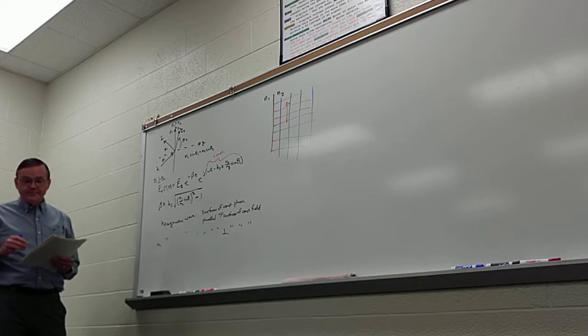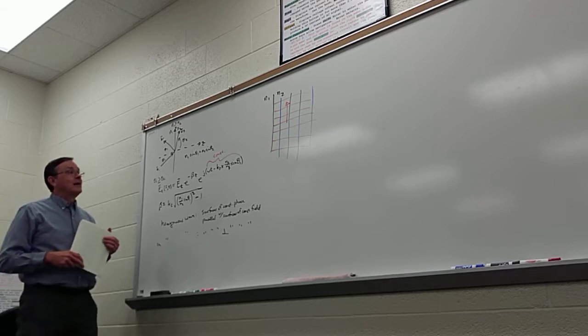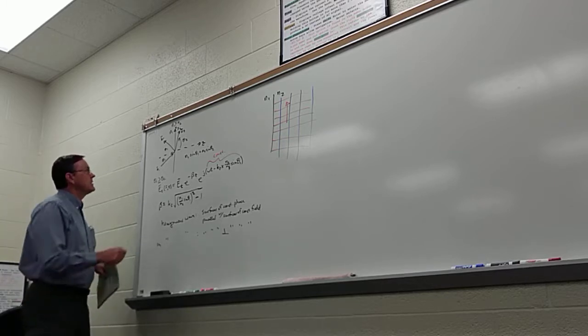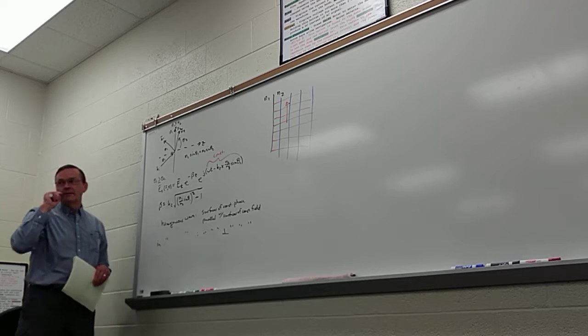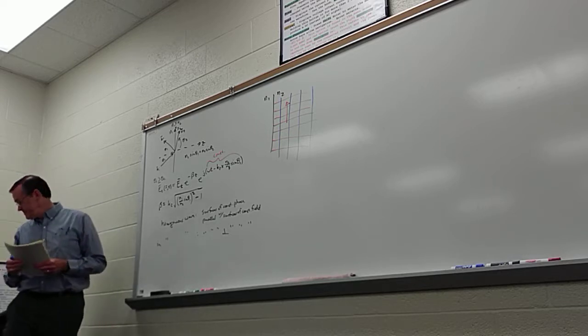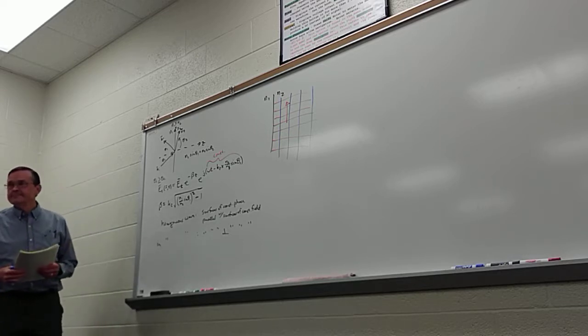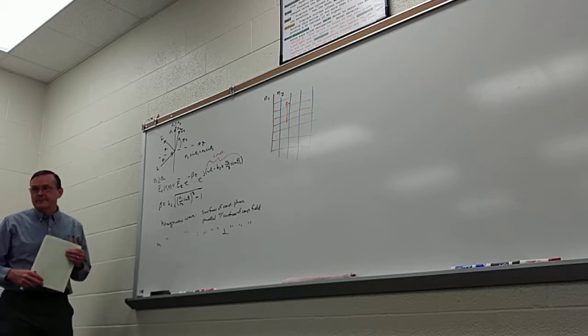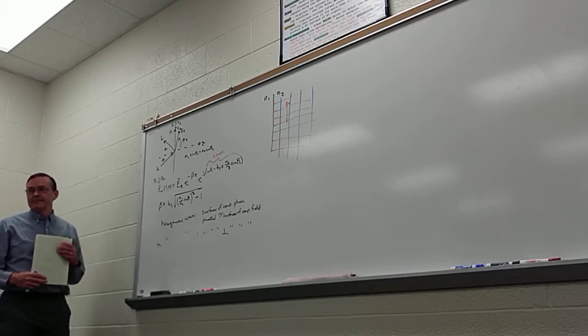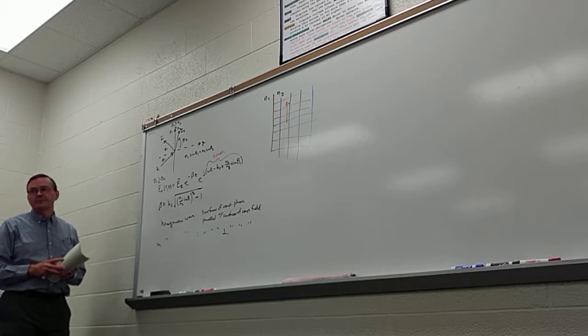I have a question. Is it this field that gives rise to the reflection, or is it the reflection that gives rise to this field? Well, so what's going on at the boundary? The field has to be continuous across the boundary. Yeah, the transverse component of the field continues across the boundary.